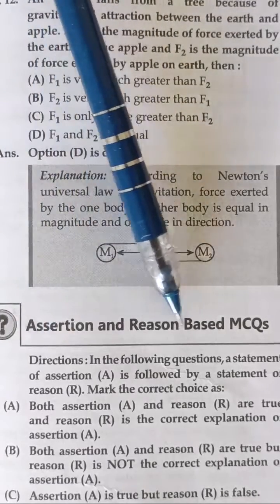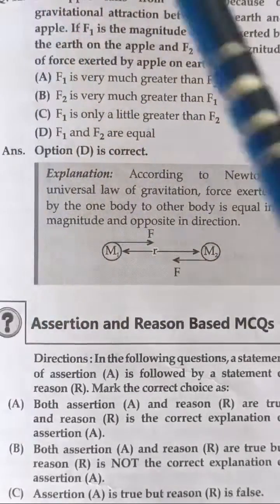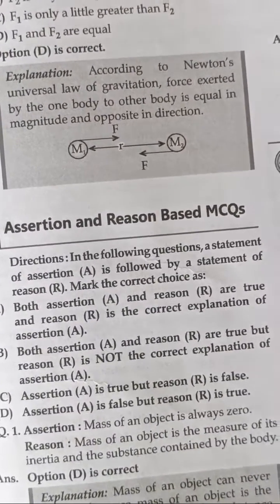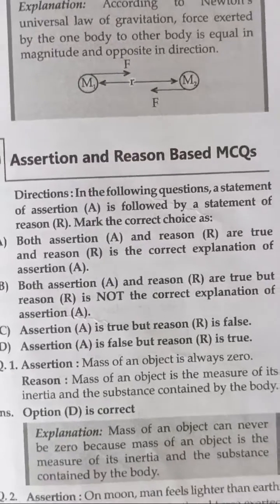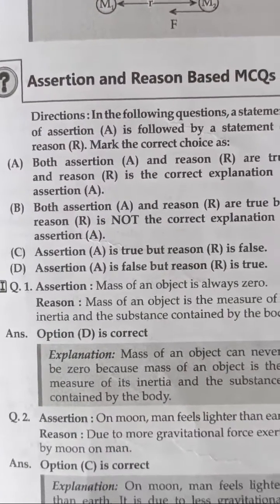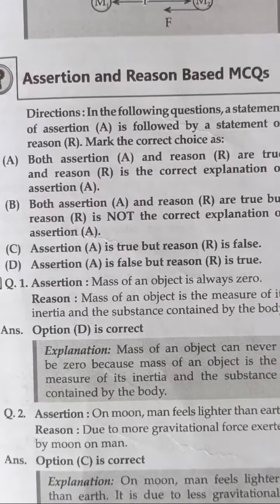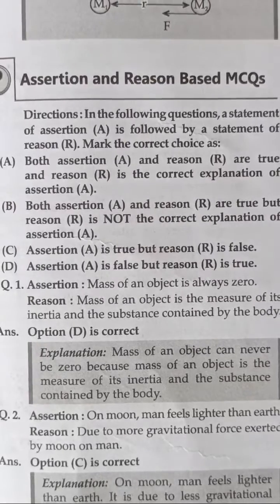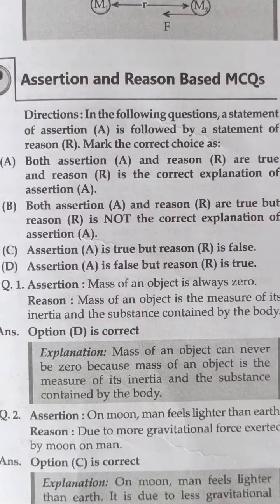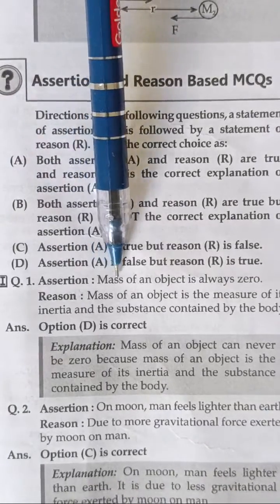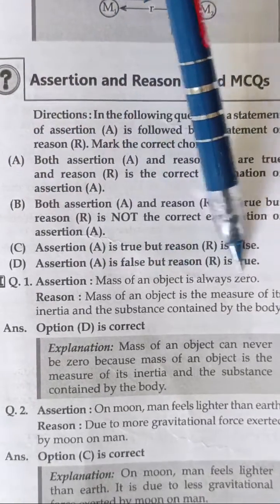Assertion and reason based MCQ questions. Question 1. Assertion: mass of an object is always 0.